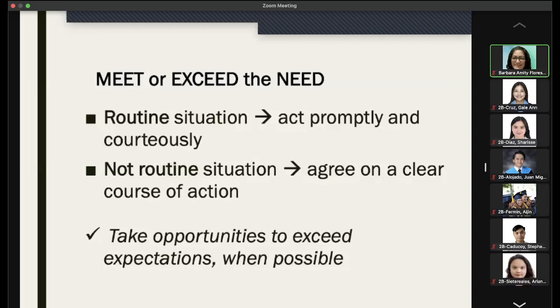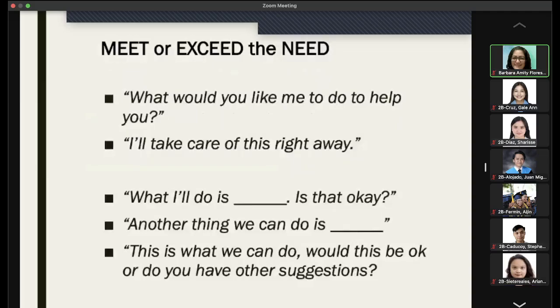But for some, of course, they would want something or an action to be done. In meeting or exceeding the need, you can tell them, what would you like me to do to help you? Or you can just tell them, I'll take care of this right away. If requests cannot be done, you can say, what I'll do is this.